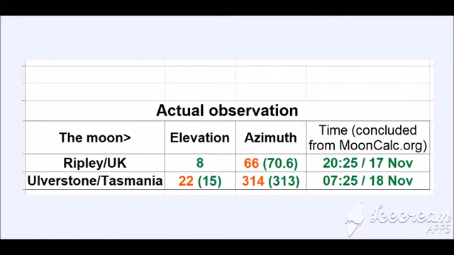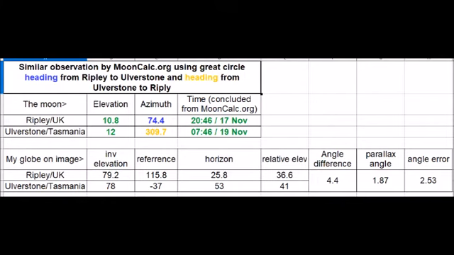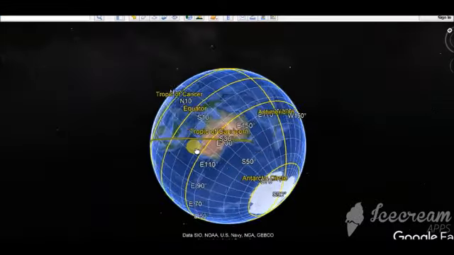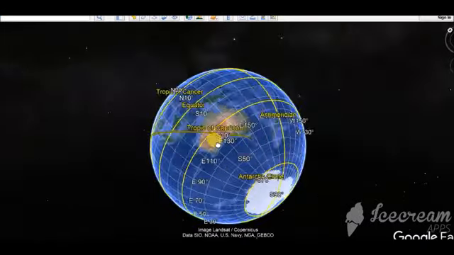So I had a hypothesis that if both locations are measuring the azimuth of the moon, then the direction from the first location to the second location is on the great circle, this great circle here.